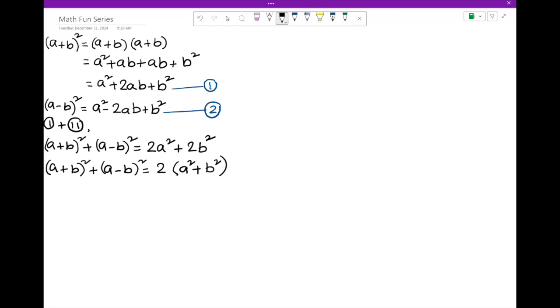And hence, we can get a formula for a square plus b square: a plus b whole square plus a minus b whole square, divided by 2. So we will call this formula number 3.